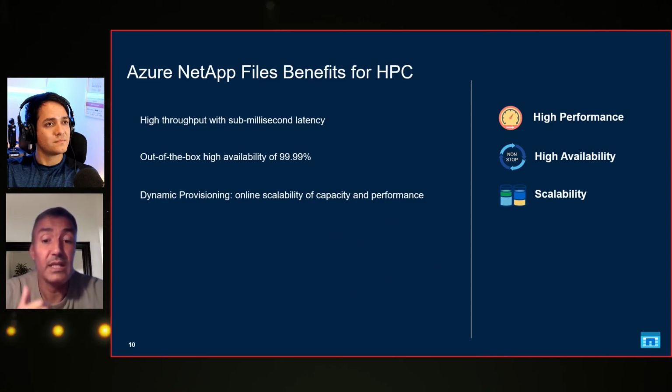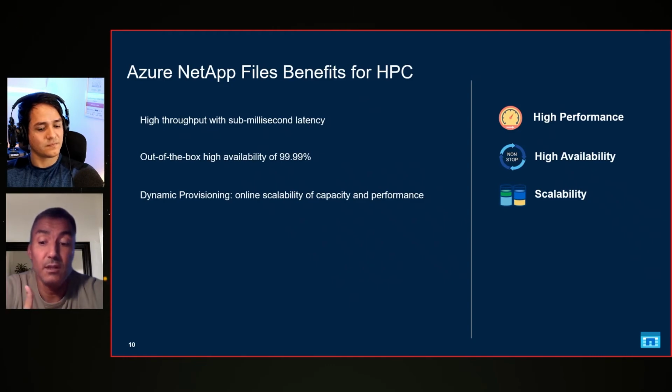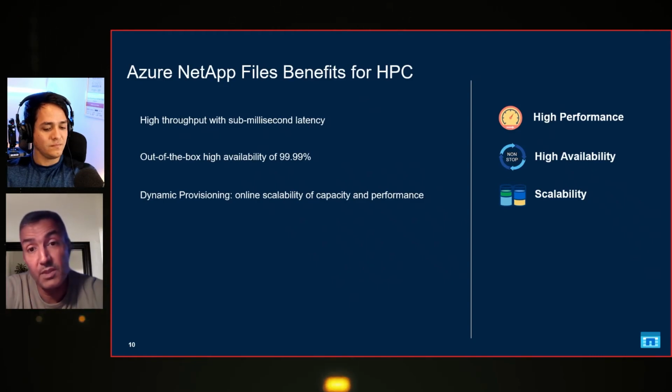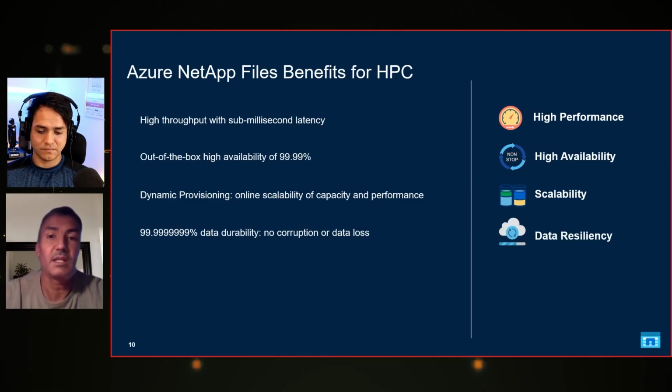Scalability. You can scale up on the fly when you need more capacity or more performance, and then scale down to save costs when you have lower performance and capacity requirements.